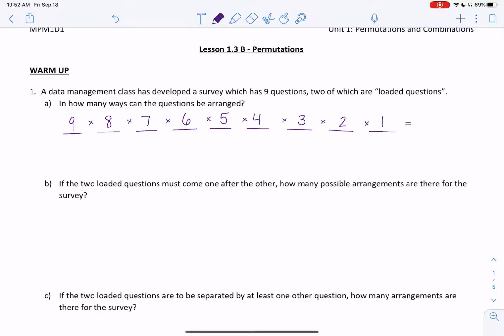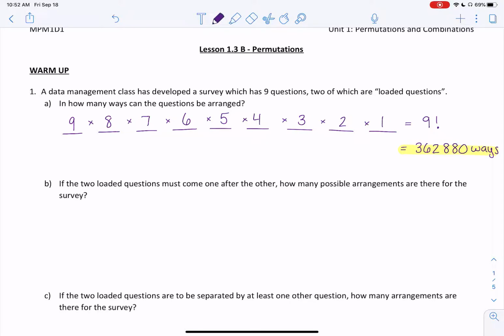And 9 times 8 times 7 times 6 all the way down to 1 is the same as 9 factorial. And if I put that in my calculator, I'm going to get 362,880 ways as our final answer.